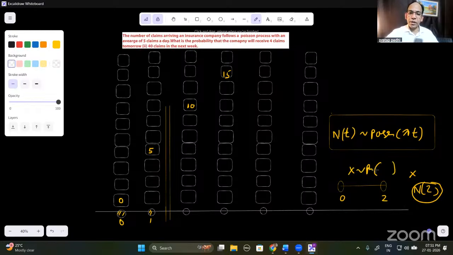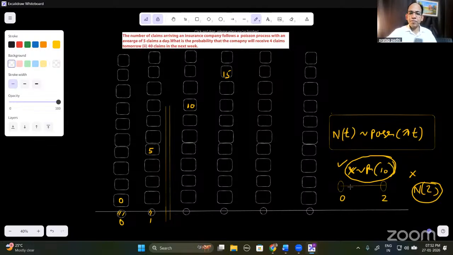Suppose you have seen a question in CS1 like this. My lambda is 5, 2 days gives 10, lambda 10. So what we solve in CS1 is, even in CS1 Poisson processes were there, but importance was given to the binomial and Poisson distributions. X is a random variable, it's static modeling, no time dynamics here. X follows a Poisson distribution with mean 10.